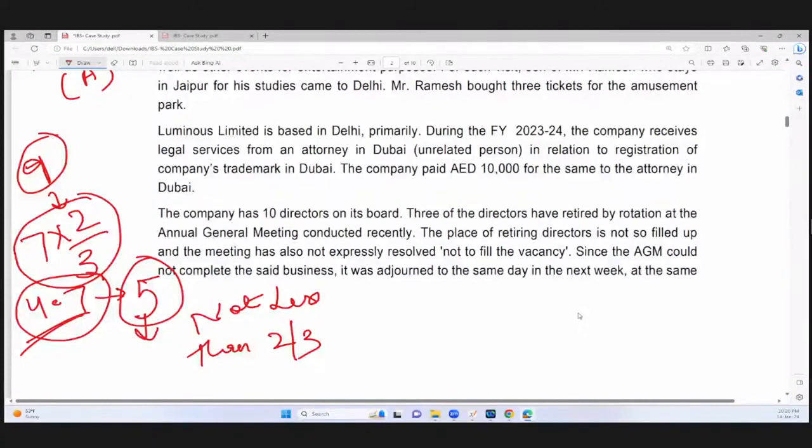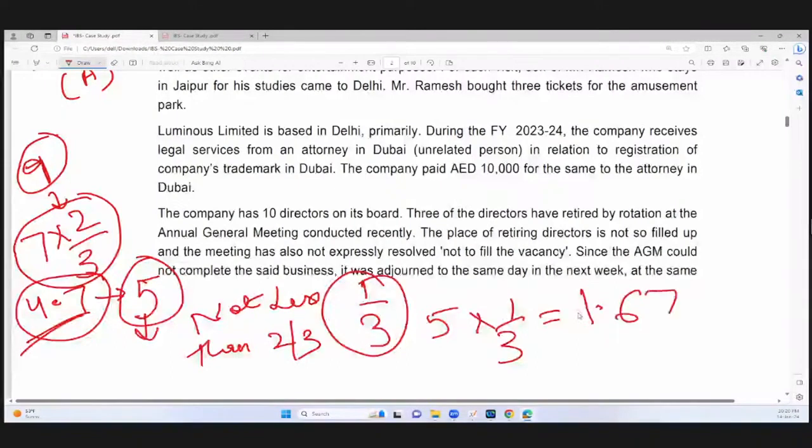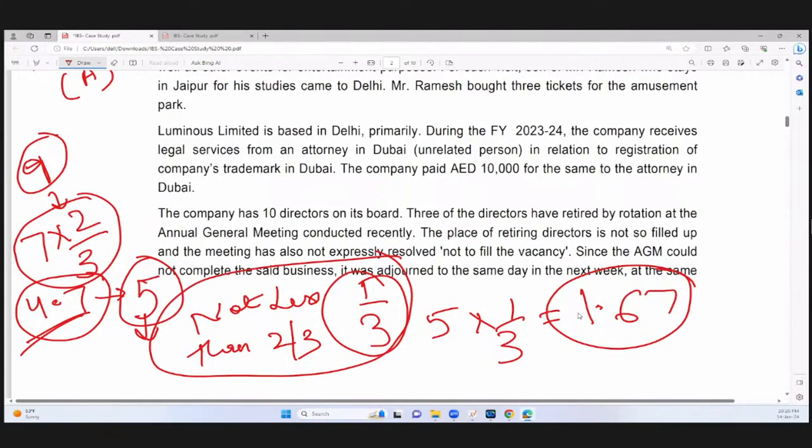अब हमारा फर्दर सेक्शन क्या कहता है कि हमने लायबल देख लिया, बट एक्चुअली रिटायर, हाउ मेनी डायरेक्टर्स विल बी रिटायर एट द एजीएम? दैट विल बी 1/3. ओके, अब हम 5 का 1/3 लेंगे, then it will come to 1.67. So what does the section specify here? In that section, it is said not less than 2/3, but here it says nearest to 1/3.